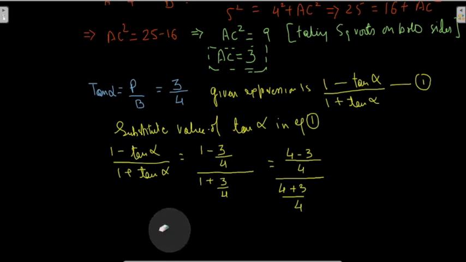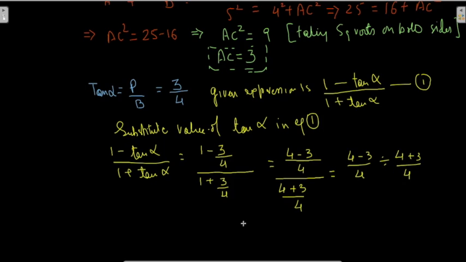Of course you can write in multiple steps, but I'm just writing in one horizontal line because of the space constraint. Anyways, it is 4 minus 3 over 4, divided by 4 plus 3 over 4.